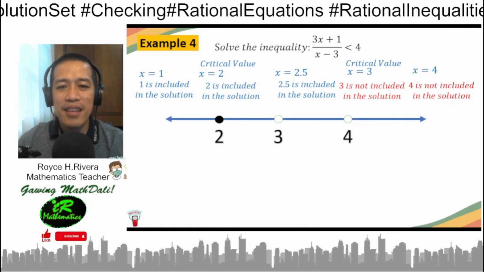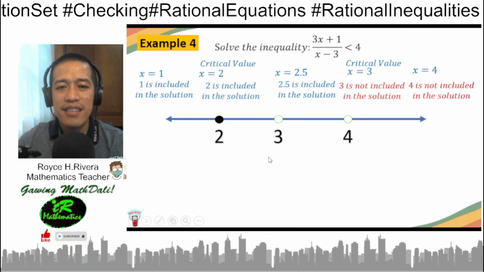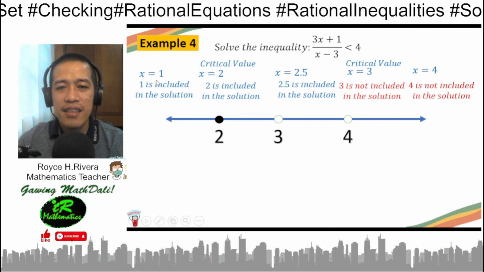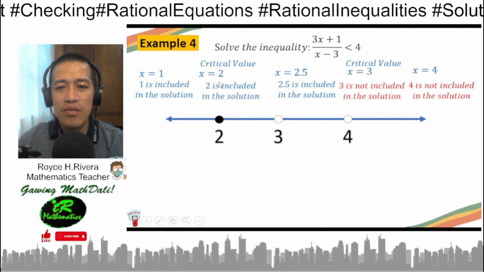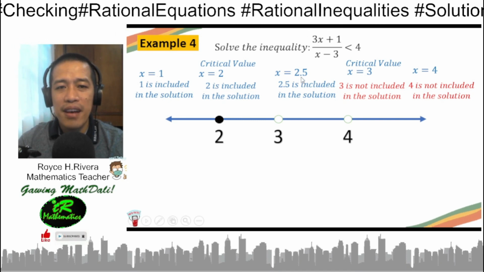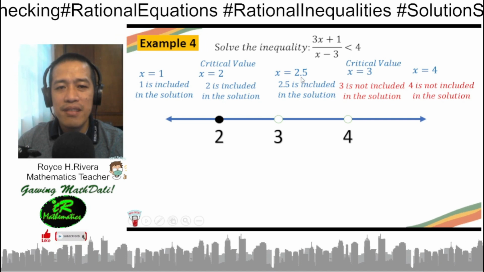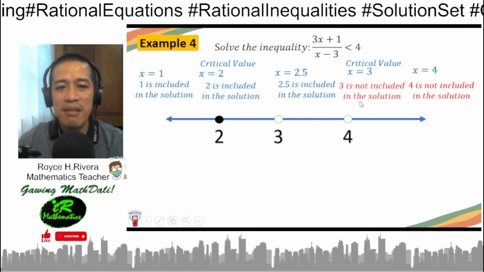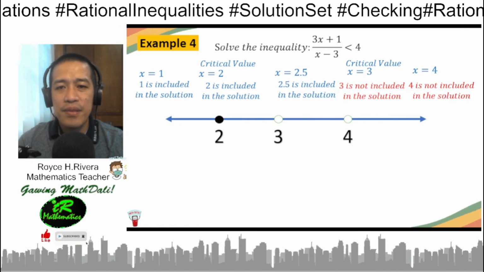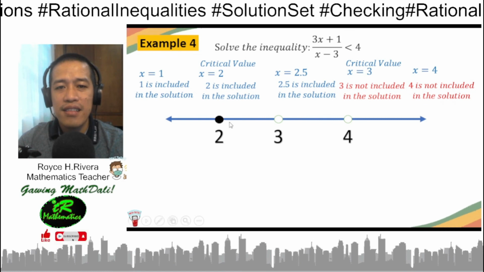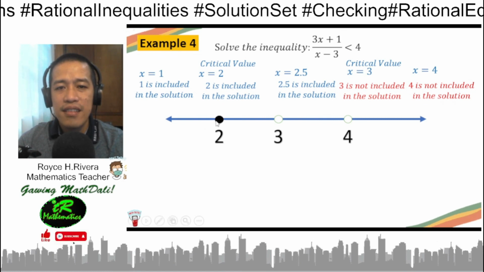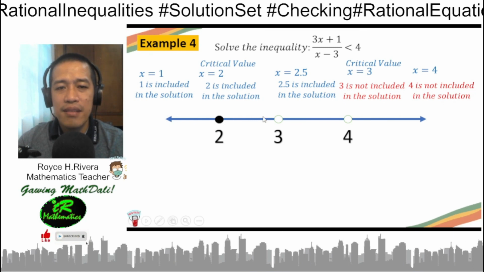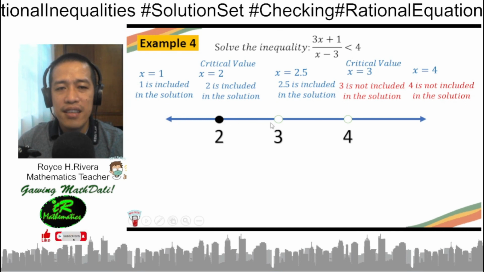Let's go back with our number line. Ganito ang magiging itsura. Since 1, 2, and 2.5 are included in the solution, and 3 is not included in the solution, we will block in the intervals numbers less than 2 and numbers in between 2 and 3.